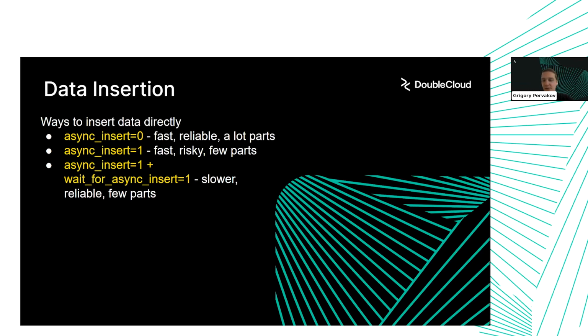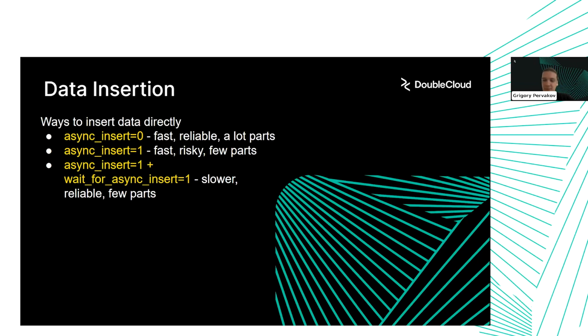So if the host is killed by OOM or crashes, some data could be lost. That's why the wait_for_async_insert setting exists. It could help with such problems because you are waiting until the batch is fulfilled, merged and flushed to the disk.